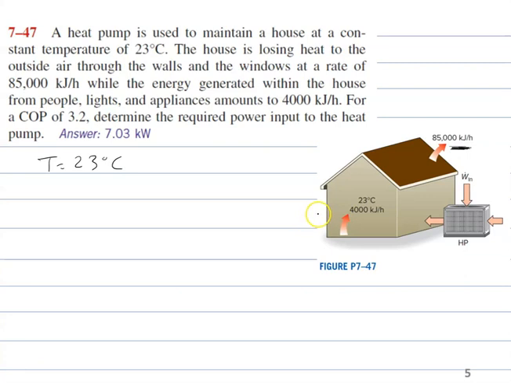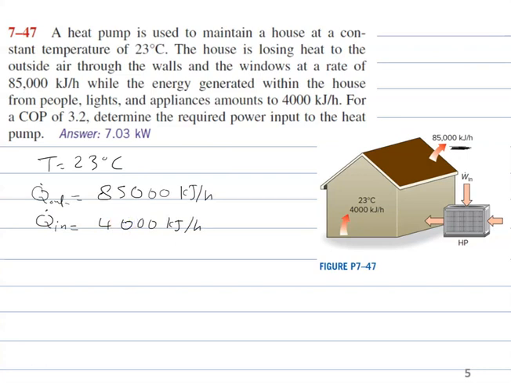So we have Q out is 85,000 kilojoule per hour. We have Q, let's call it Qin, 4,000 kilojoule per hour.